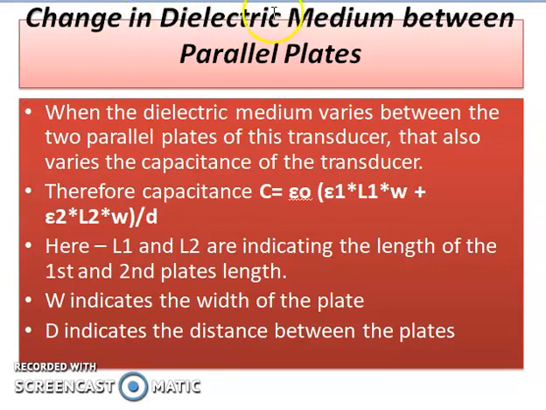And in the case of change in dielectric medium between two parallel plates, when the dielectric medium varies between the two parallel plates of the transducer, that also varies the capacitance of the transducer.